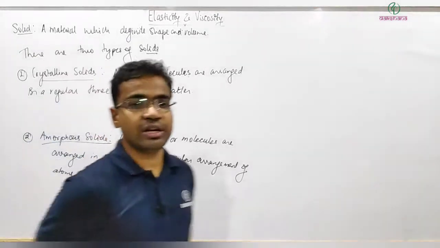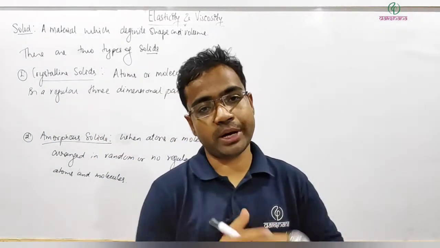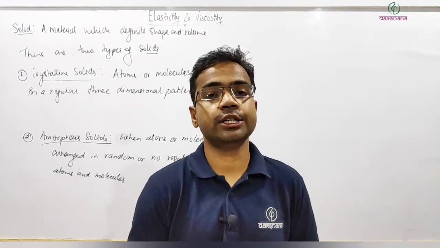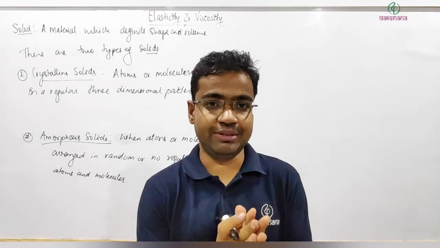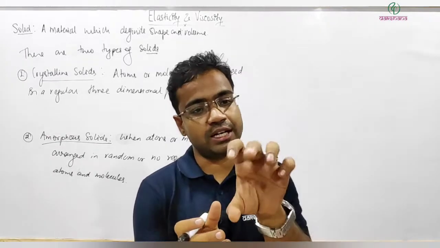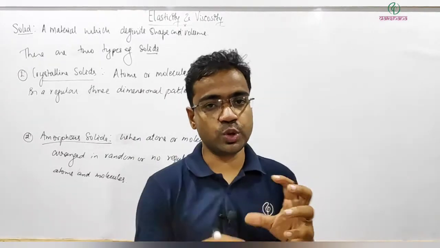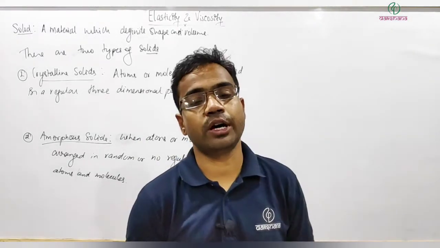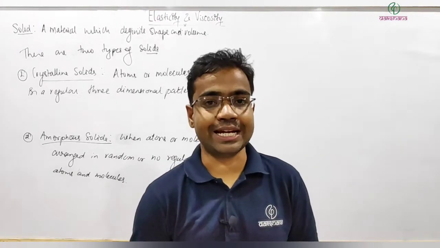In crystalline solid, because atoms and molecules are arranged in a proper regular three-dimensional pattern, there is a fixed repeating unit actually. We can identify and remove one unit, and if we repeatedly pack those units in large numbers, then we get a crystal or crystal lattice.